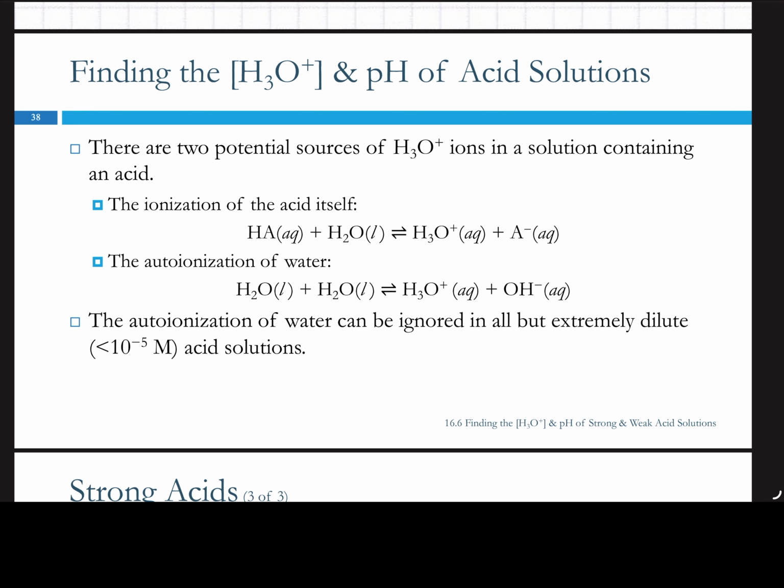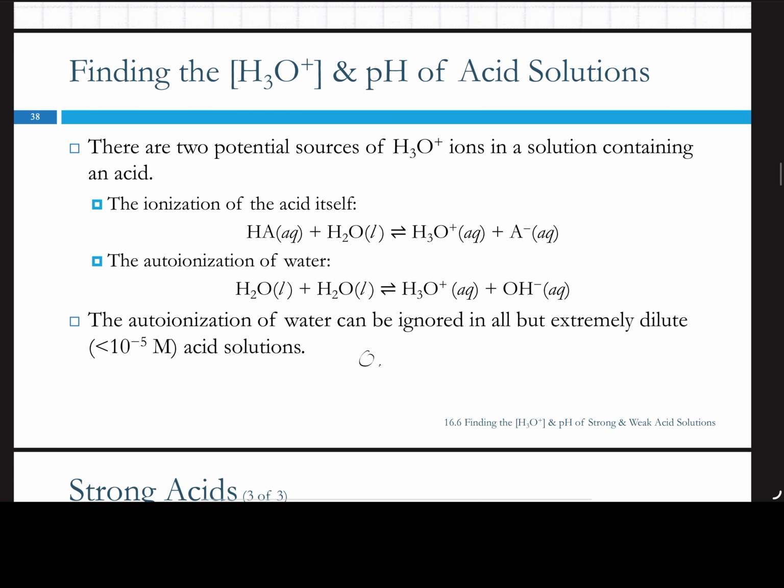So down here it says the autoionization of water can be ignored in all but extremely dilute acid solutions. So it says 10 to the negative 5 molar. That's because 10 to the negative 5 is 1, 2, 3, 4, 5. Autoionization of water will produce 10 to the negative 7, so 1, 2, 3, 4, 5, 6, 7.